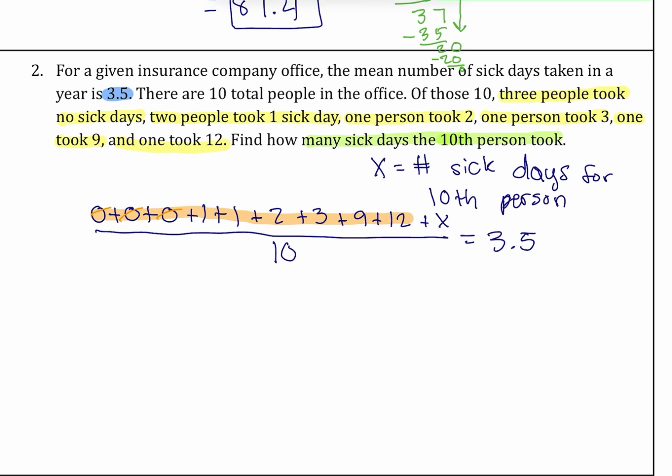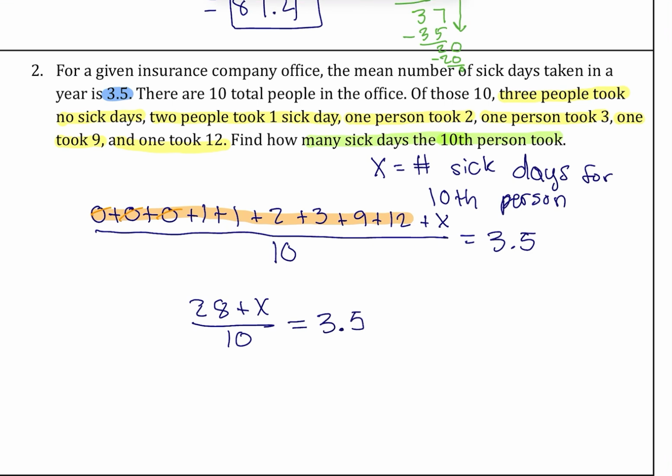The 1, the 2, and the 3 are going to add to 7. So we have 7 plus 9 is 16. And then plus 12 is going to be 28. So we have 28 plus x over 10, and that equals 3.5.